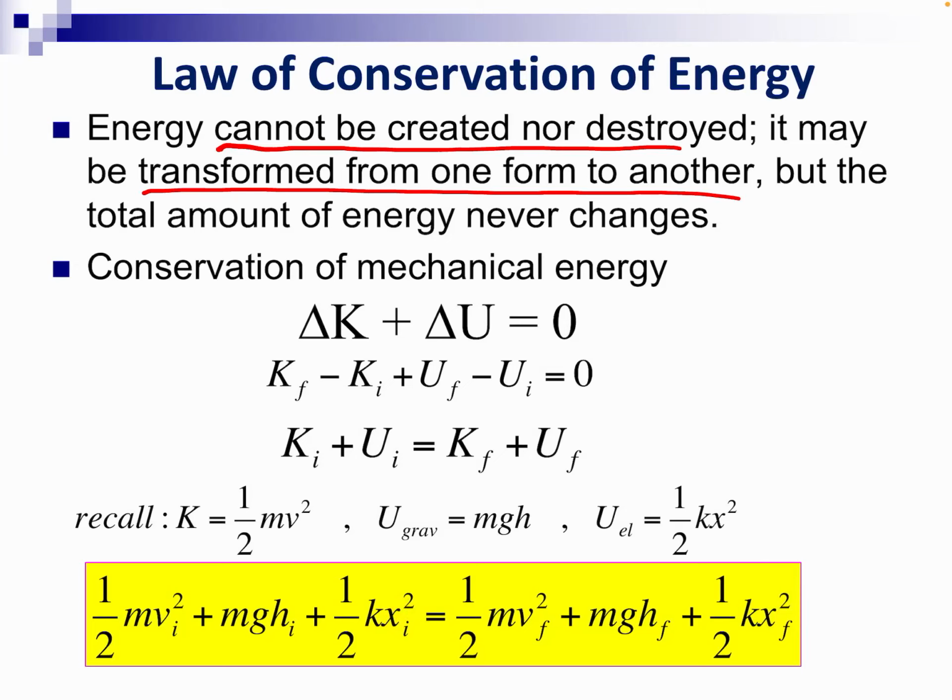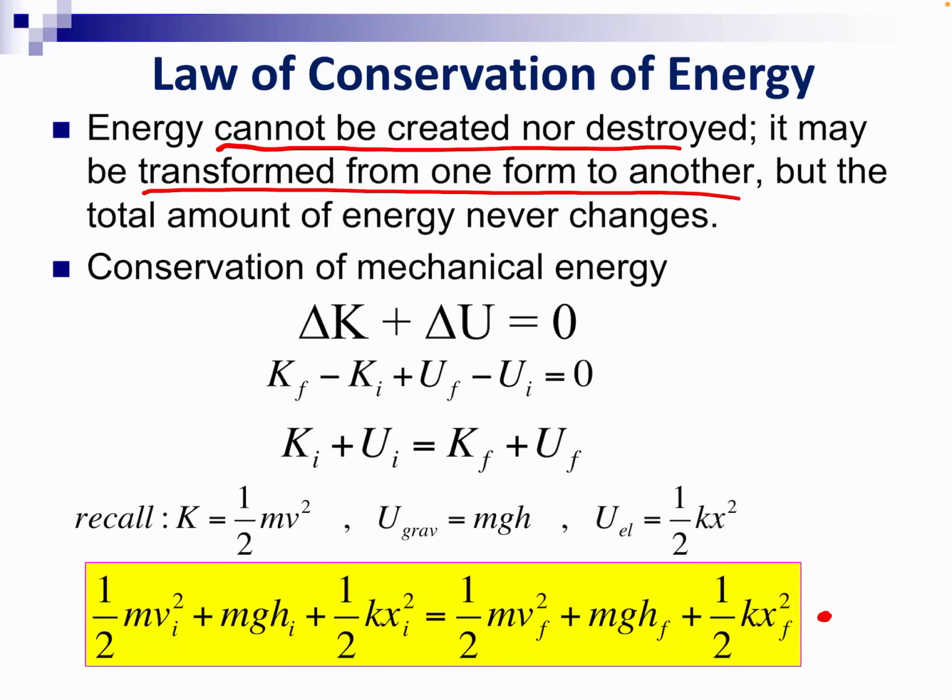But this expanded equation all came from this idea that energy is conserved, so that potential energy transforms to kinetic energy, or kinetic energy transforms to potential energy. But this conservation of energy is a very powerful tool, and it's quite simple because we're dealing with only scalar quantities, right?